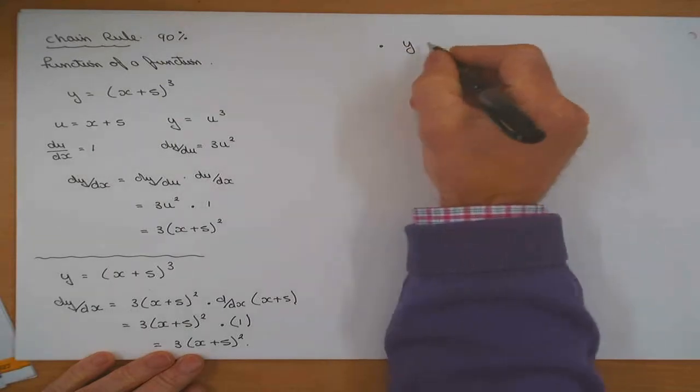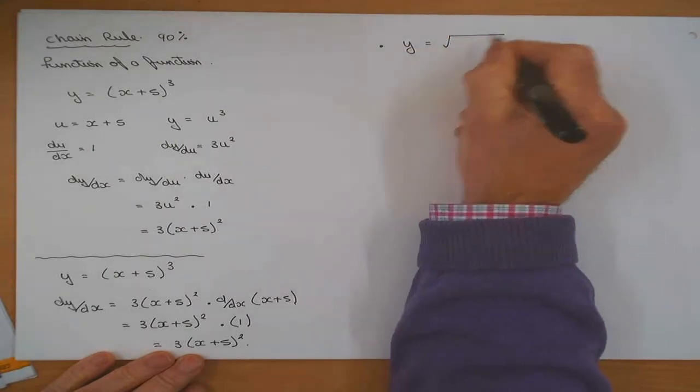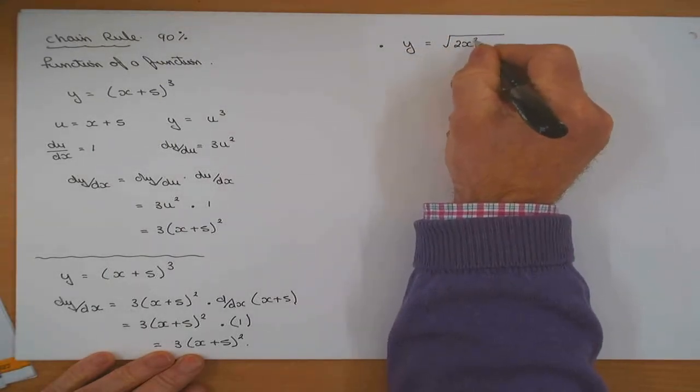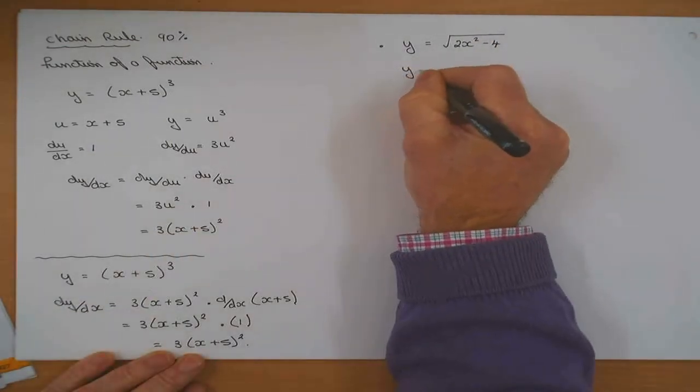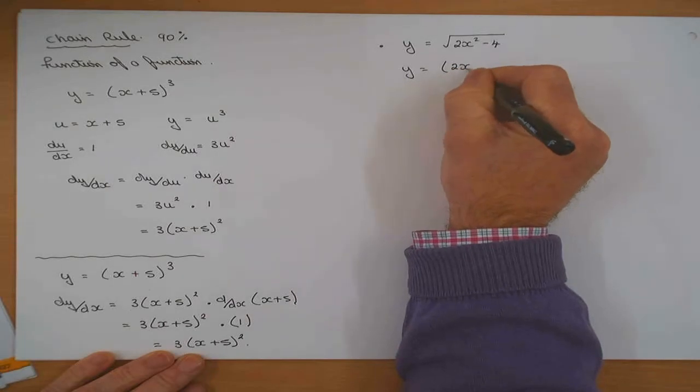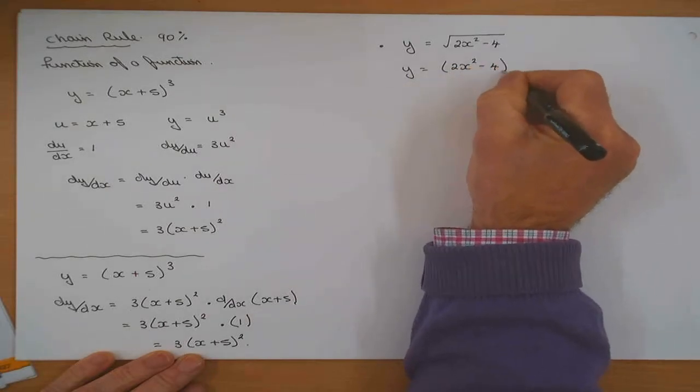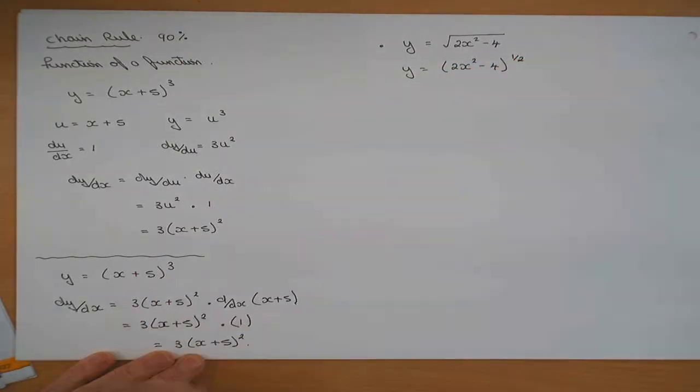If y was equal to the square root of 2x squared minus 4, that's y equal to 2x squared minus 4 to what power? 1/2. That's a function of a function. What's the first thing you have to do? Work out 2x squared minus 4. And then what have you got to do? Get its square root.